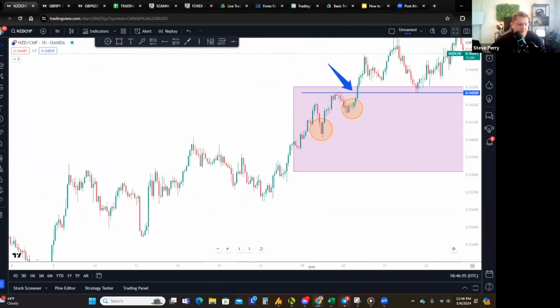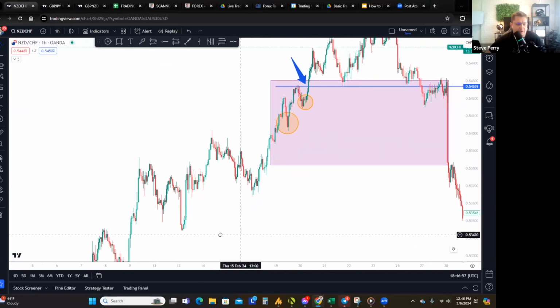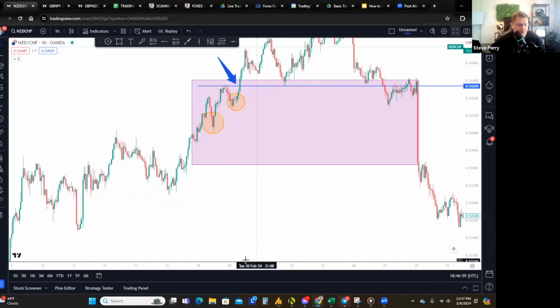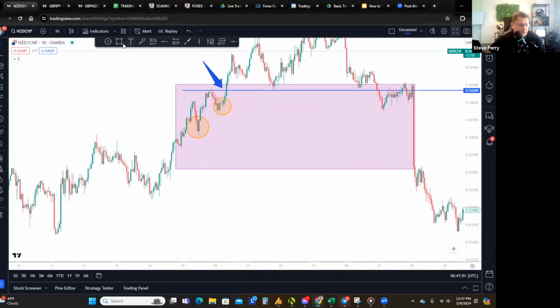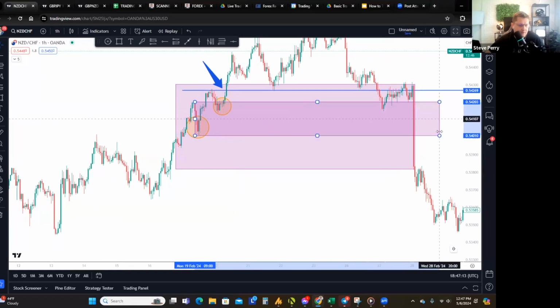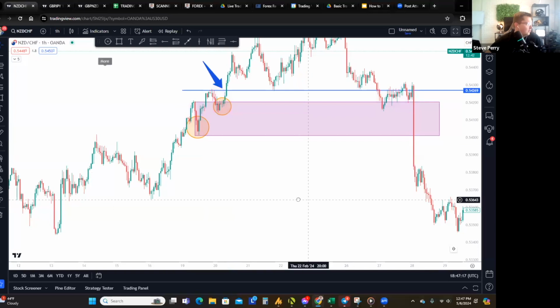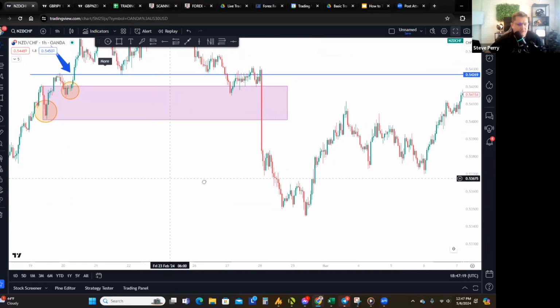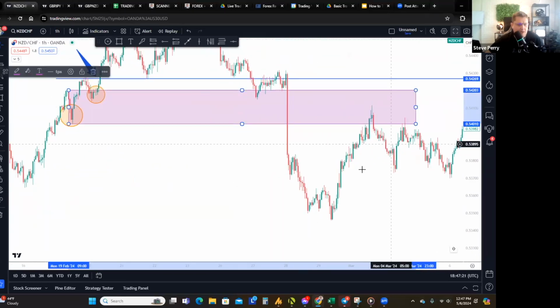Let me see if I can figure out any others. No, that's about it. So that's all I've got to use right there. This would be the inefficiency area right here, that would be it specifically, and that's what I could use for the imbalance. And that's where the trade would go. So now we bring this forward, and you can see exactly that's where the market came up to.